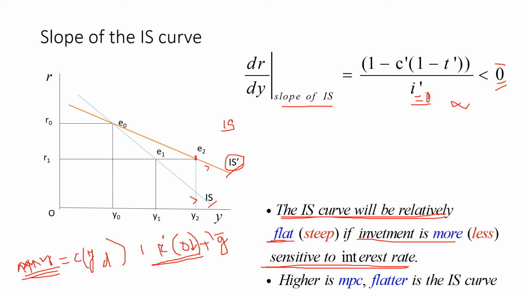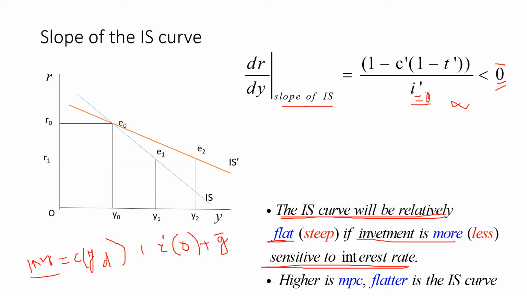Now there is another factor which is influencing the slope of the IS curve, and from the mathematical expression itself you can get that. That is 1 minus C prime into 1 minus T prime, and more importantly you can consider C prime into 1 minus T prime.